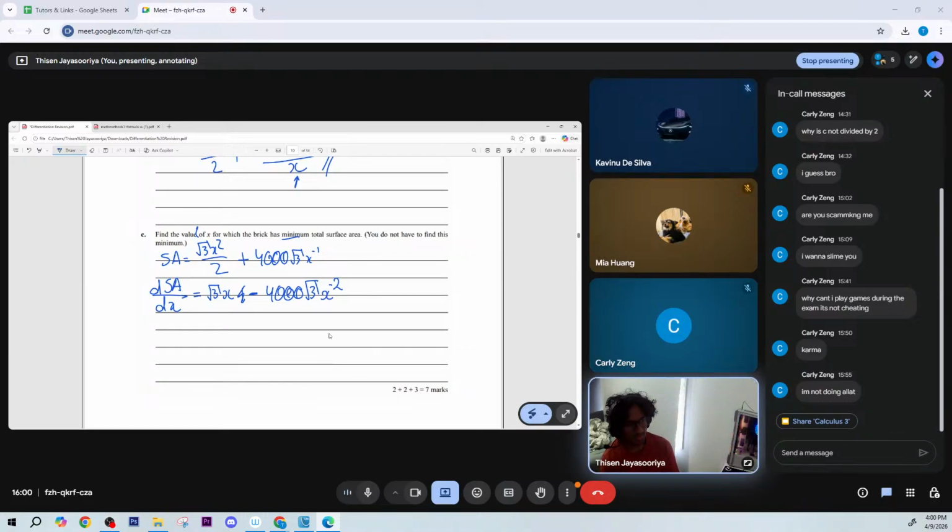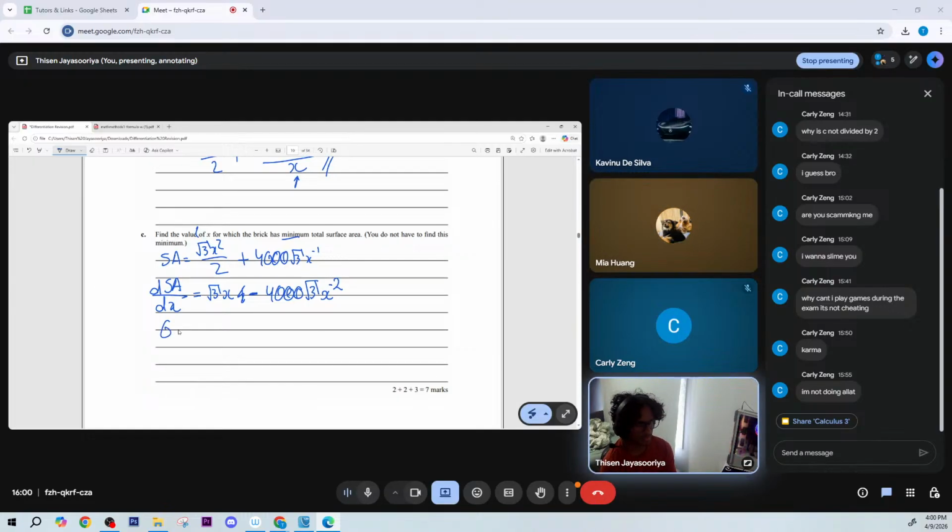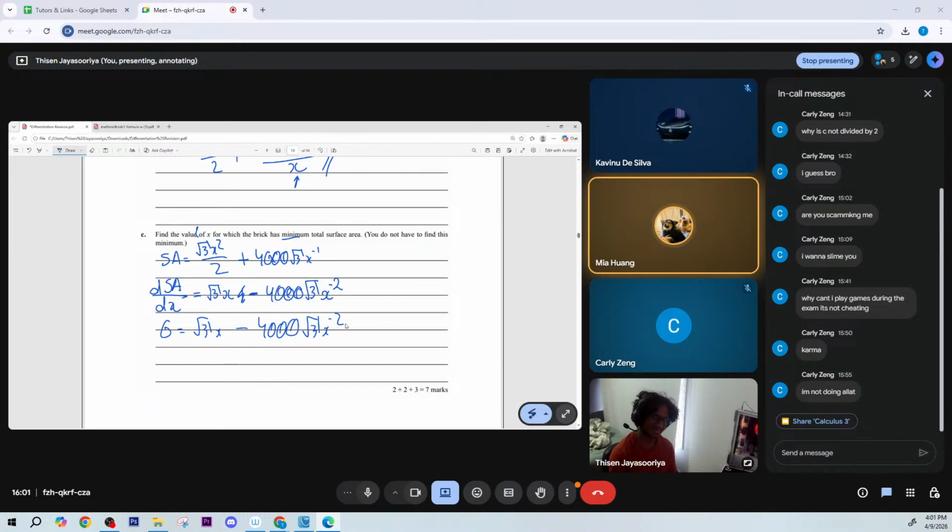So then I'll ask Mia, how do we find out when it's a minimum? Let it equal 0. Yeah, so then we have 0 equals this whole expression. But then how can we solve this expression? Should we factor it out?